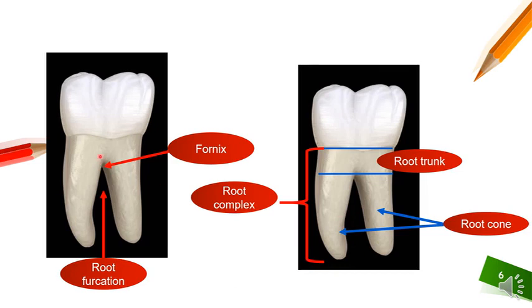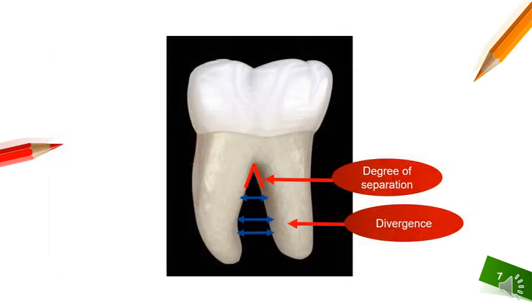The fornix is the roof of the furcation, and the root furcation itself is the space between the roots. Degree of separation is the angle formed between the roots, and the divergence is the distance between them.